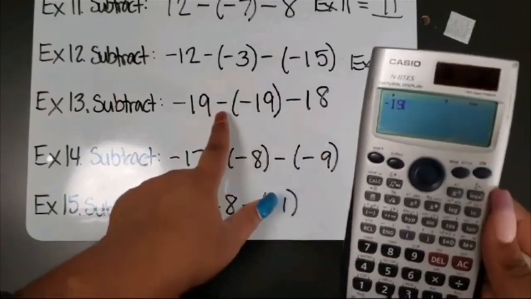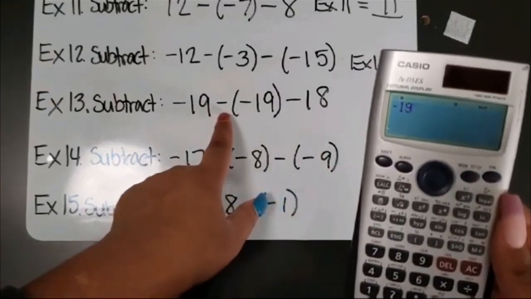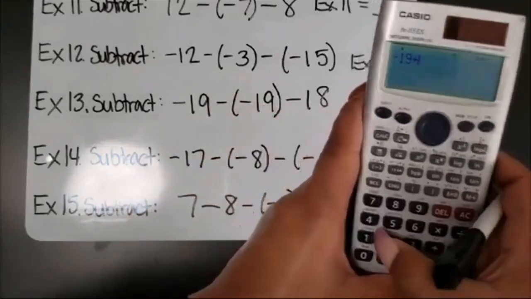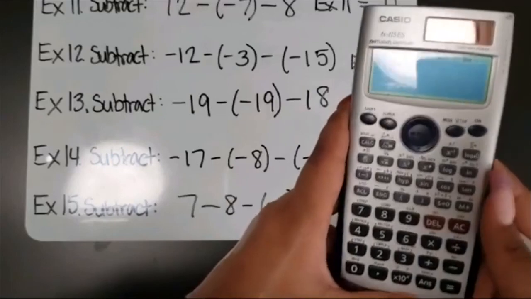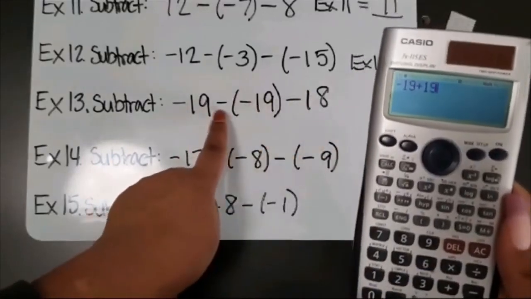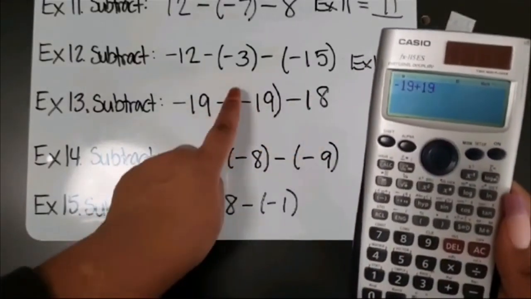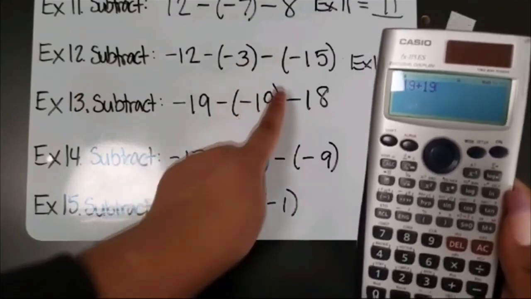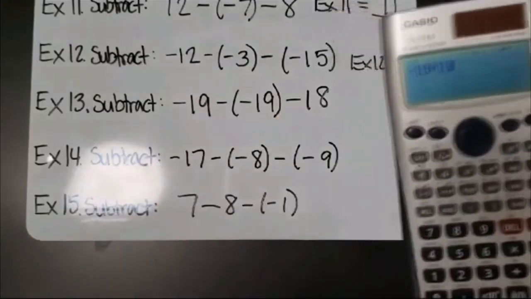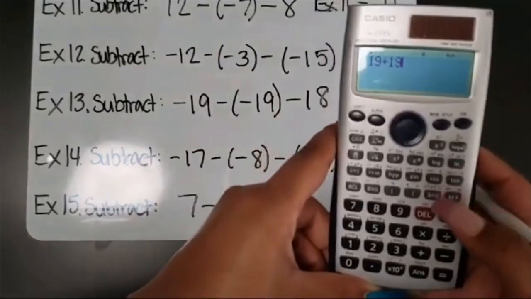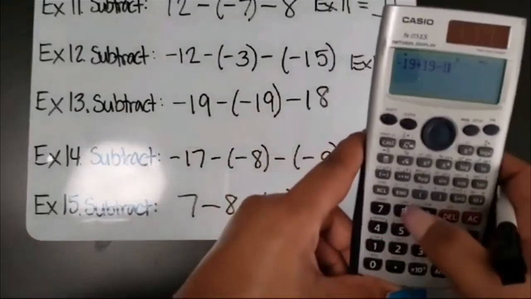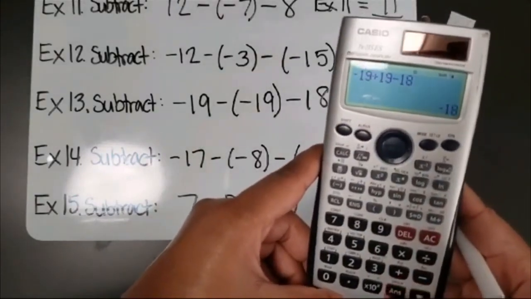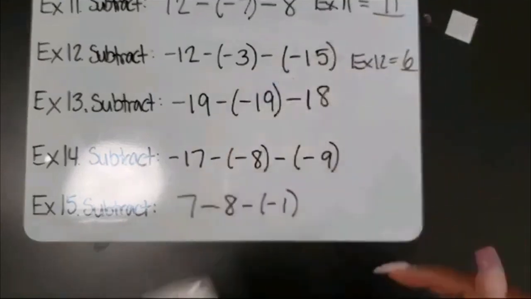And then look, we have minus negative 19. So we can add 19. Or you can type it in just like this. You can hit that negative sign, do an open parentheses, do a negative 19, and then close the parentheses, okay? Then we can do minus 18, okay? So for this one, our answer is negative 18.